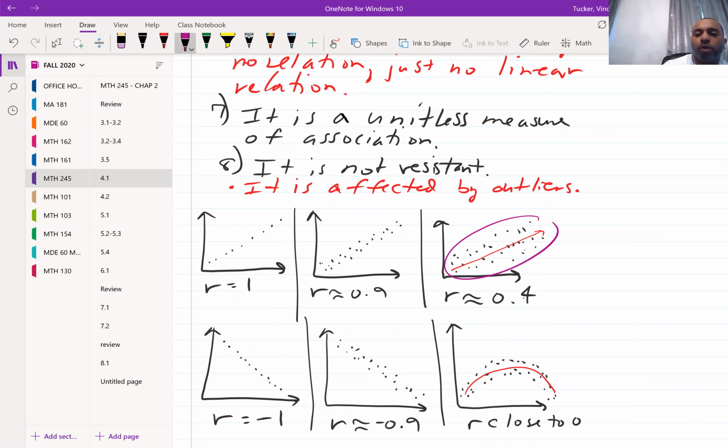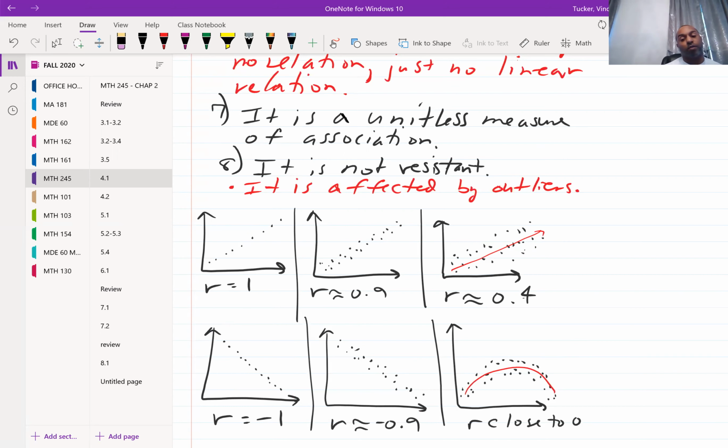Notice we have 0.4 and the dots are more spread out. Same thing goes for negative 1. We have a straight line, so that's a perfect negative association. And then as it deviates from that line, the dots spread out more from the line.